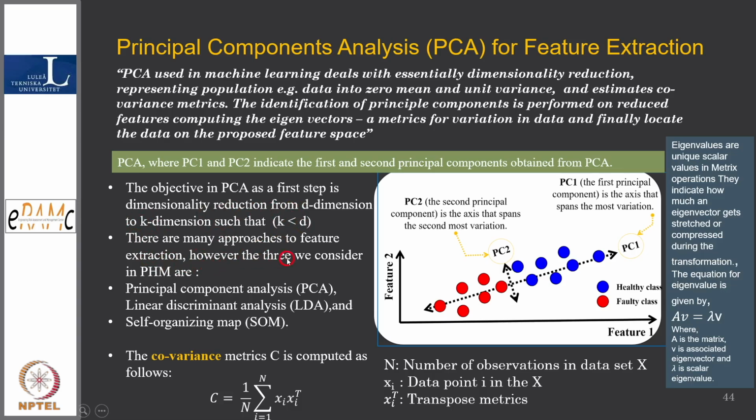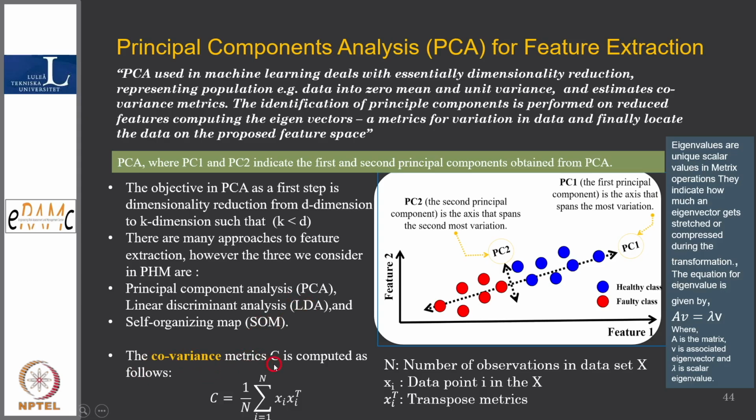However, the three we consider in PHM are principal component analysis, linear discriminant analysis, and self-organizing maps. So these three are there. We are only discussing the others. I would suggest you read and enrich your knowledge. And if time permits, I'll discuss this also, but at present it is not in the scope of the work.